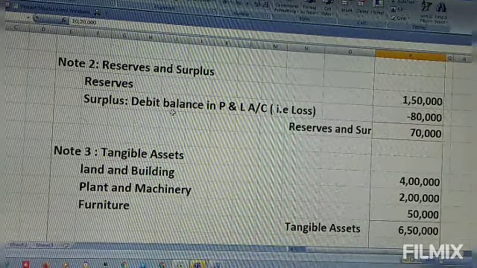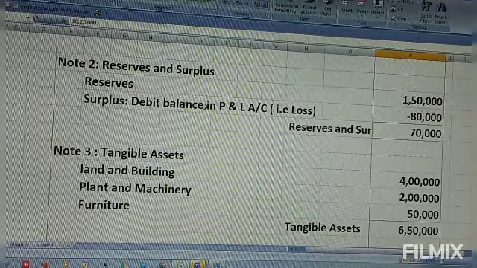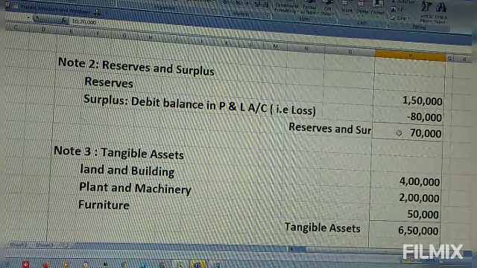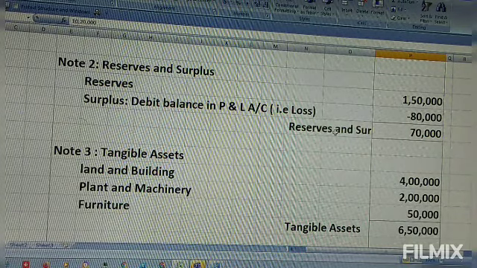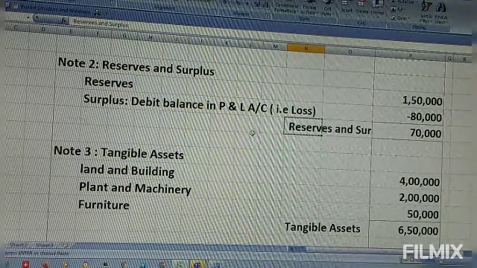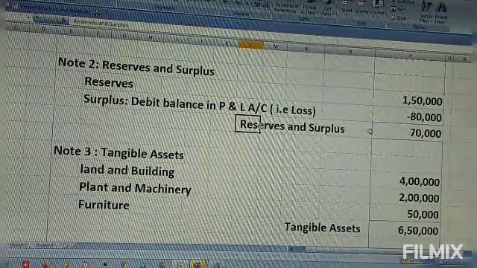A debit balance in the profit and loss account means it is a loss, 80,000. If you deduct this loss from the total reserves, the net reserve and surplus is only 70,000.